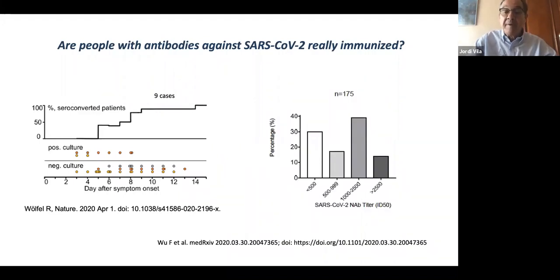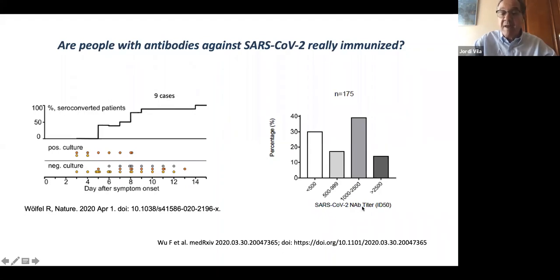There is another paper which is in peer review. They analyzed 175 patients who had already recovered from COVID-19. They found that 70% of the patients had a high titer, a high quantity of neutralizing antibodies.